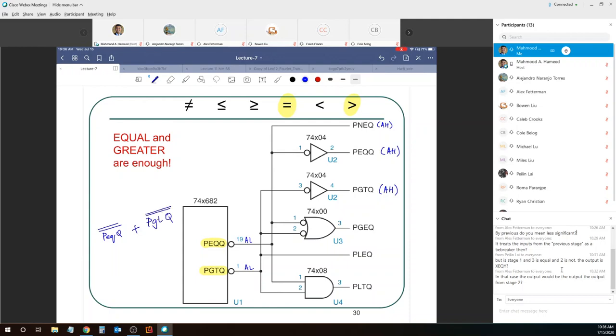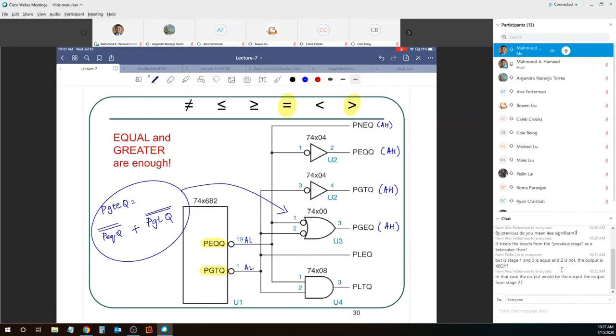That will be essentially P greater than or equal to Q. So that's how that is related. And again, that's the active high output here too.